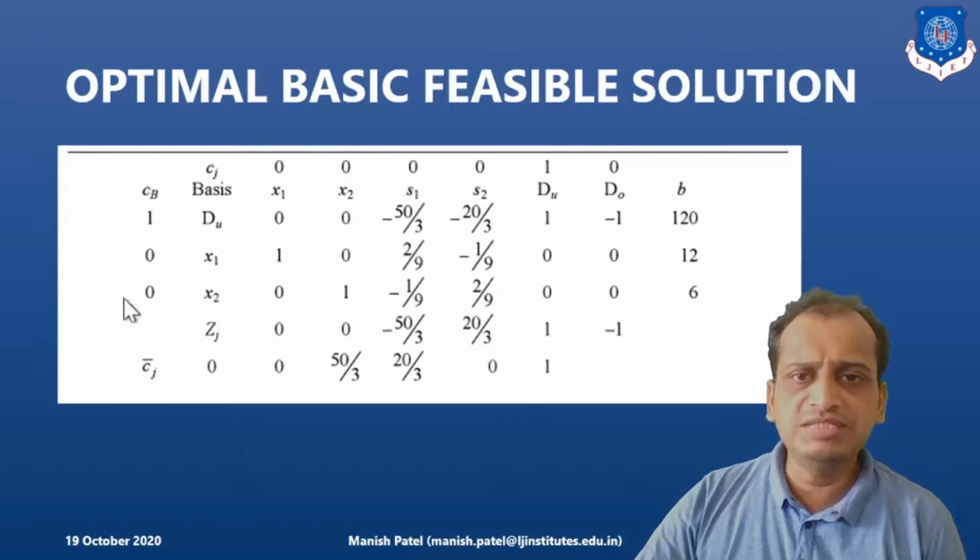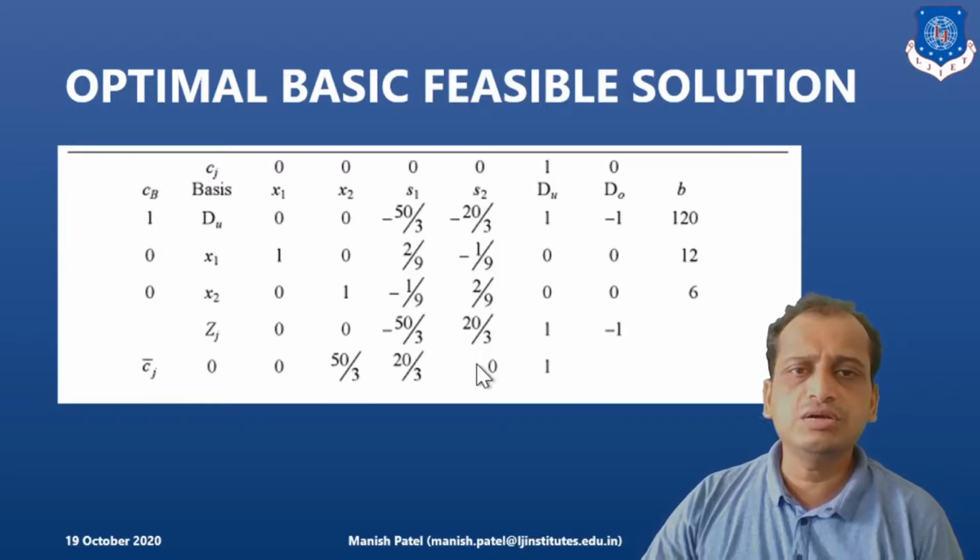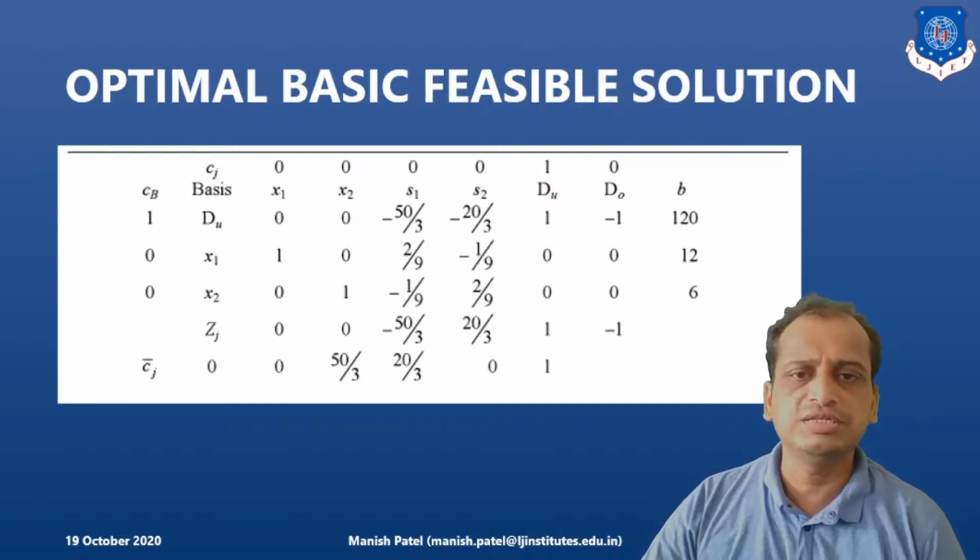Why is it the optimal basic feasible solution? Because by calculating Zj and Cj minus Zj, this value is greater than or equal to 0, and hence we have arrived at the optimal solution for the minimization, which is greater than or equal to 0.